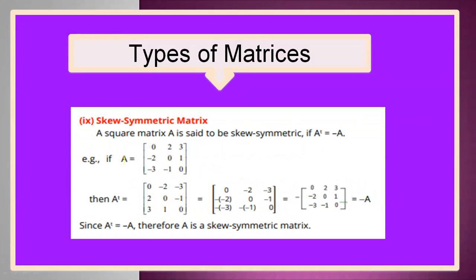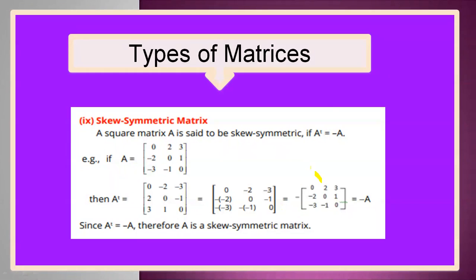The next type is skew symmetric. Skew. If you do this, changing rows into columns, it's not the same. But if you take the transpose and multiply it with the minus sign, then you can get the exact given matrix. How?